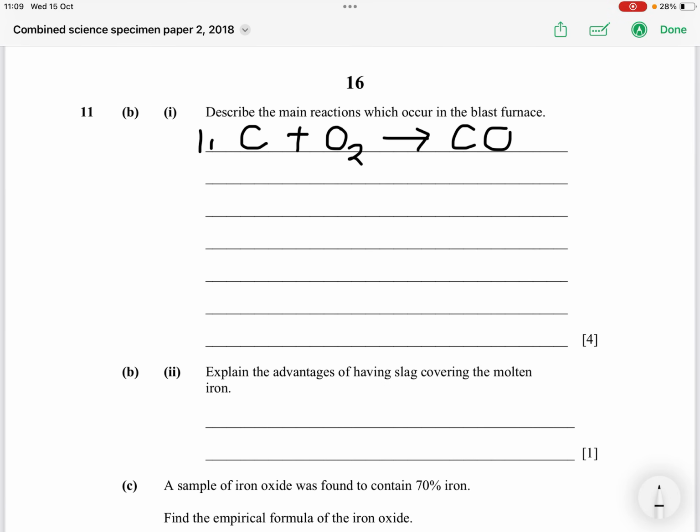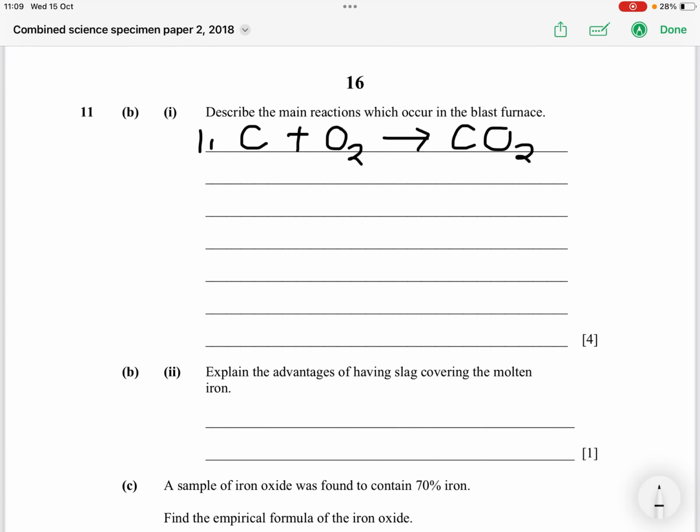So we say carbon plus oxygen in order to get carbon dioxide.